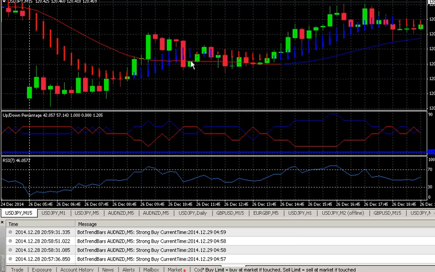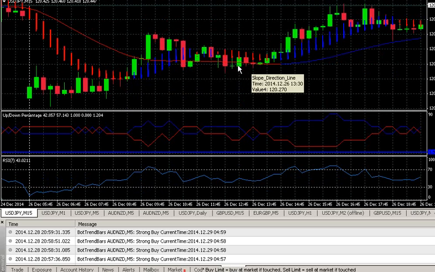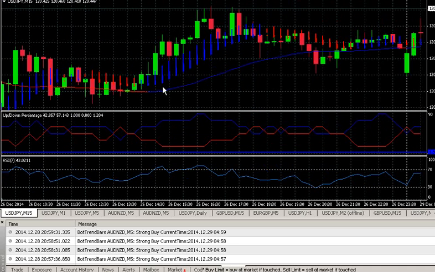and trading above, or certainly even before my slope direction has actually changed, because slope direction is just like it sounds. It's just the actual slope of the moving average indicator, and that's going to take a little time to get to a point of ascending or descending.